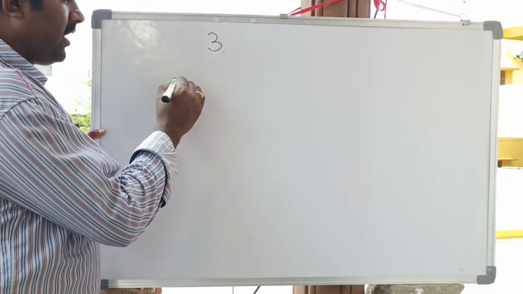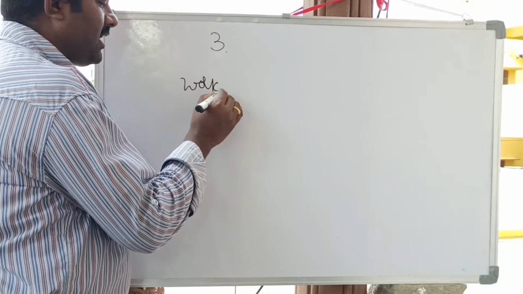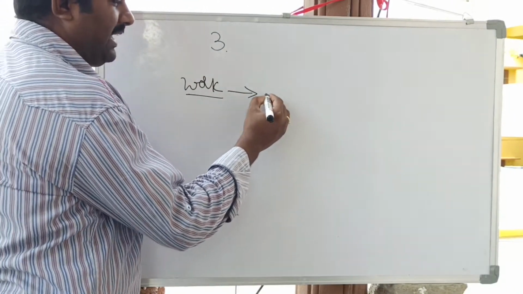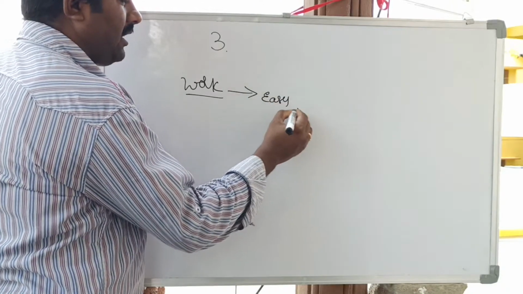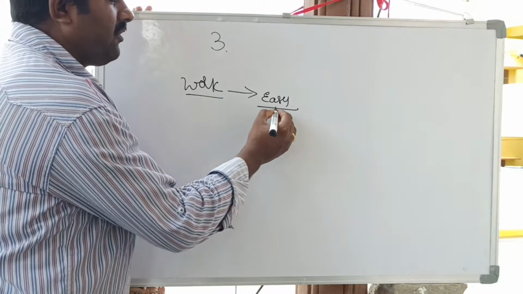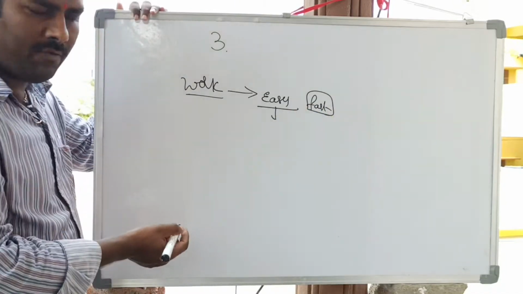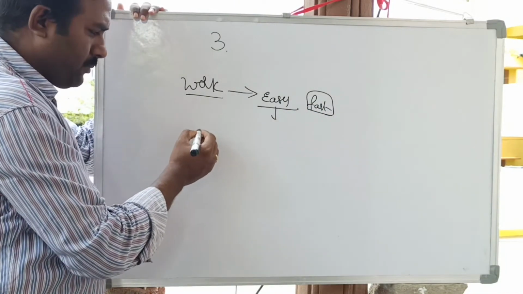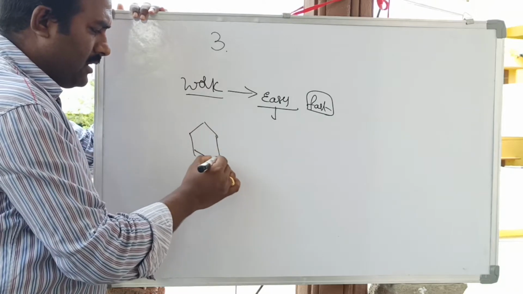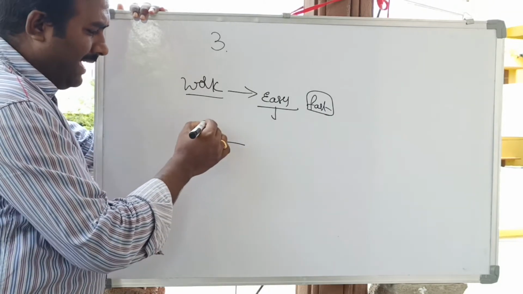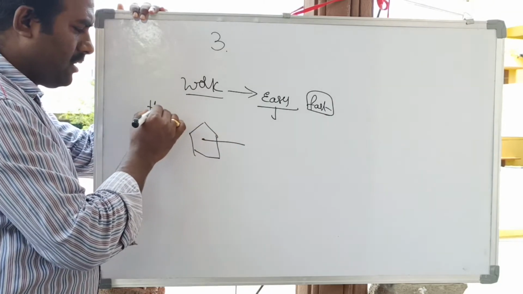We discussed work in the second chapter, but how to do the work in an easy way, more efficiently, easy and fast? Suppose you want to open a nut. It is not easy with the hand.